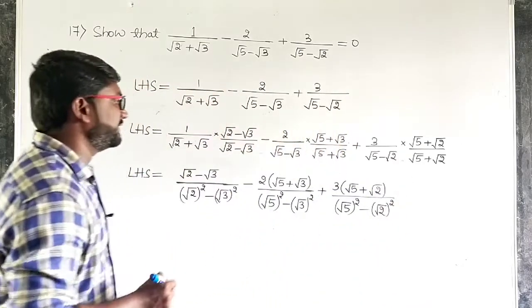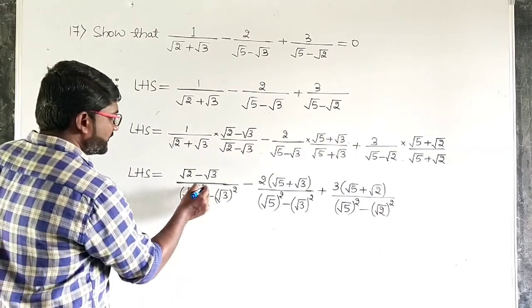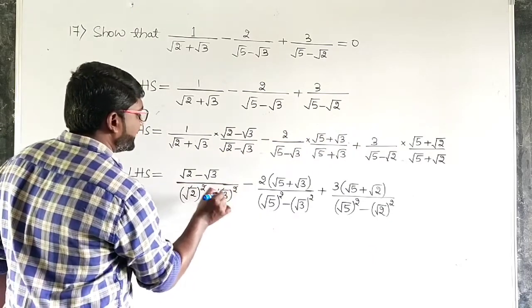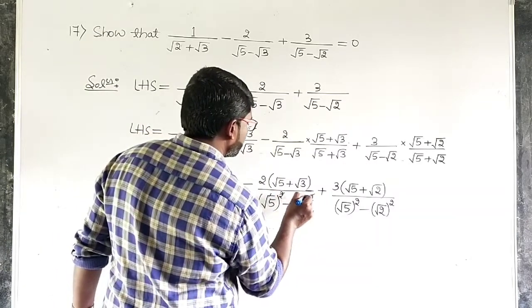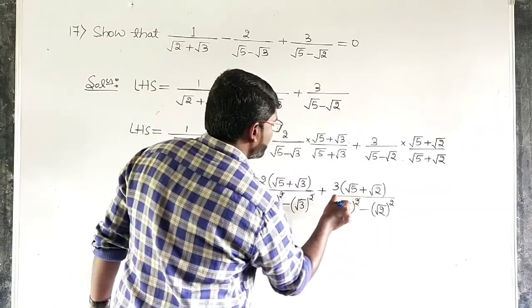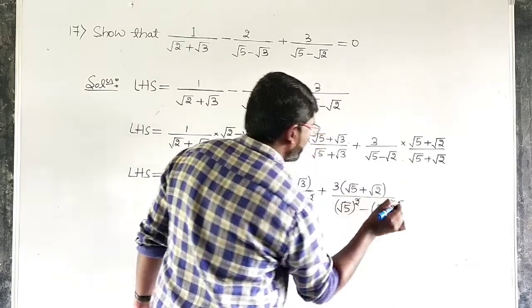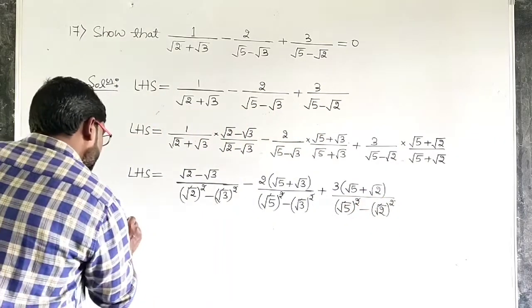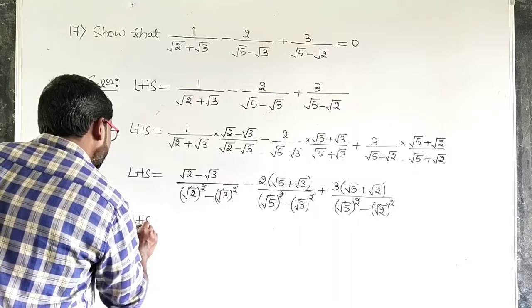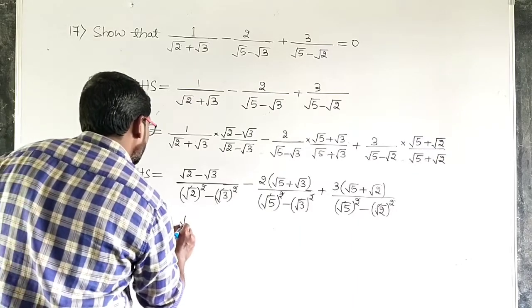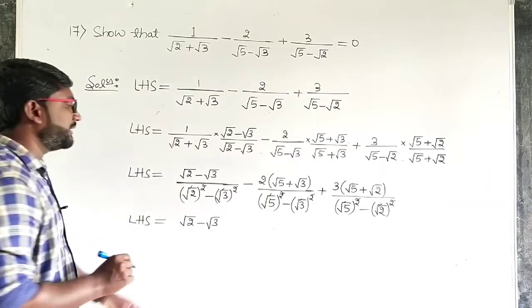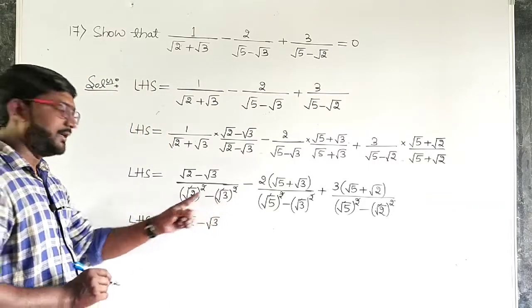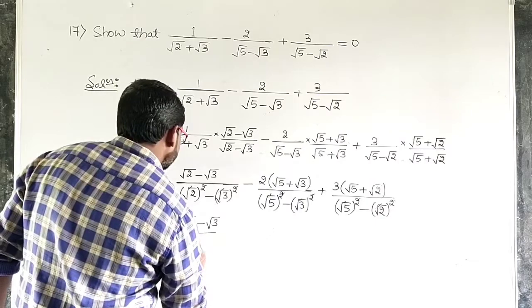So let us simplify this. So here square and root get cancelled in all the three terms in the denominators. I write the numerator as it is, LHS which is equals to root 2 minus root 3 divided by 2 minus 3, it is minus 1.